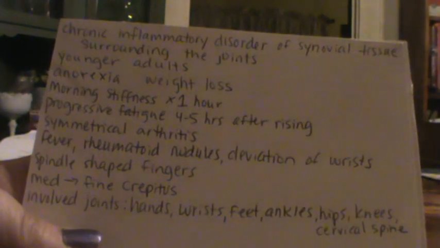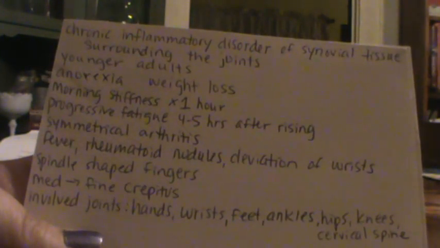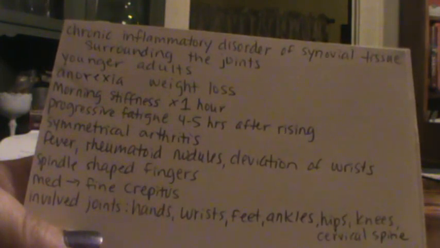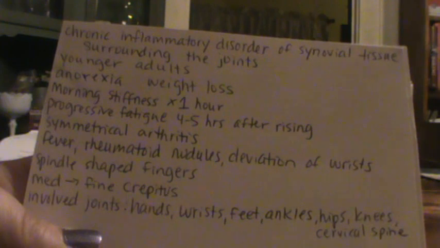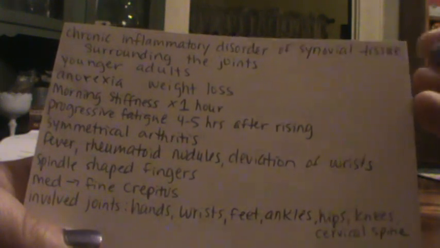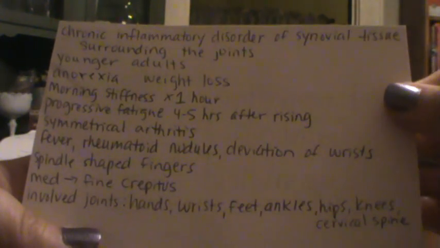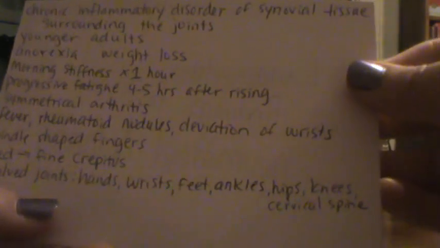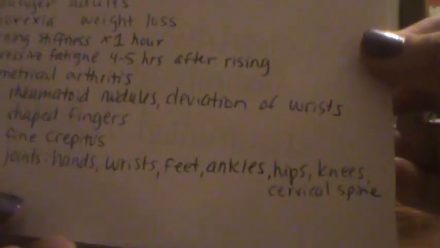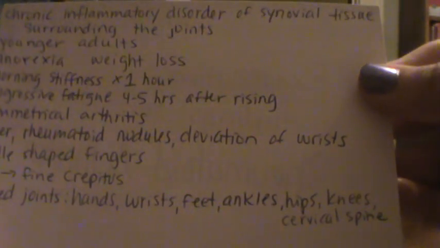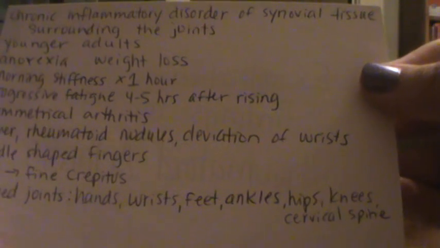They have morning stiffness for greater than an hour, progressive fatigue 4 or 5 hours after rising. They have symmetrical arthritis. They have fever, rheumatoid nodules, or deviation of the wrists. They have spindle-shaped fingers. They can have medium to fine crepitus. The joints that are normally involved include hands, wrists, feet, ankles, hips, knees, and cervical spine.